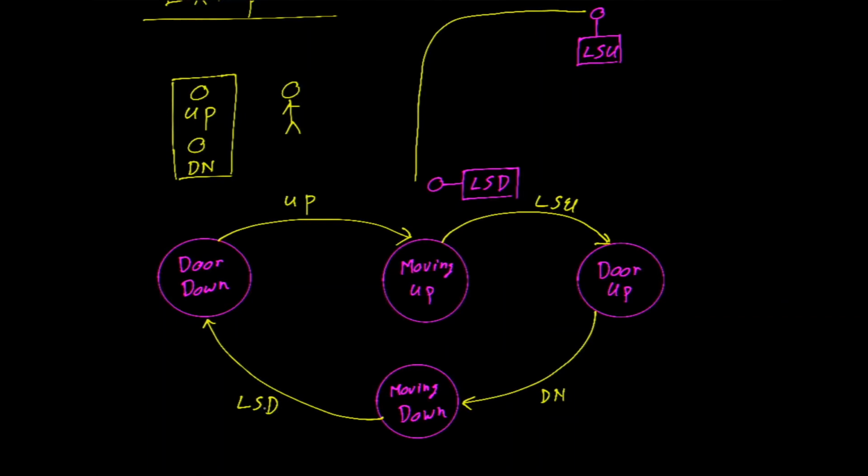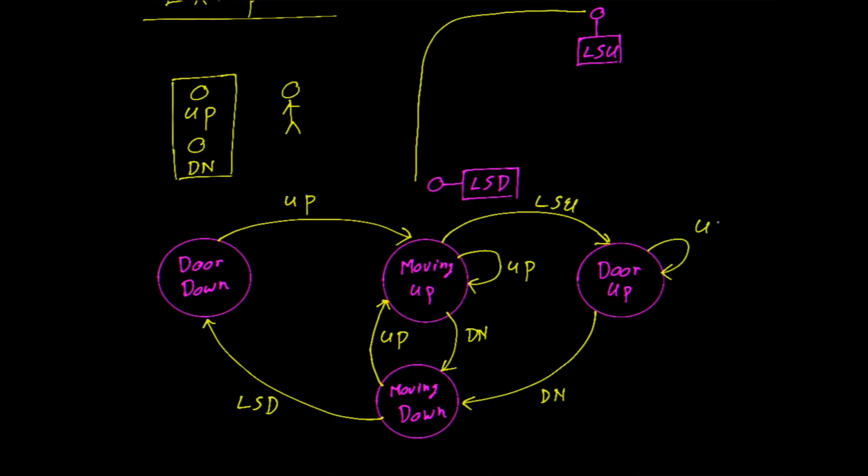For example, if the door is moving up and the operator pushes the up button again, nothing happens. However, if the door is moving up and the operator pushes the down button, we'll transition to the door moving down. Or if you're in the moving down state and the operator selects move the door up, you'll transition into the moving up state. And there are a few others.